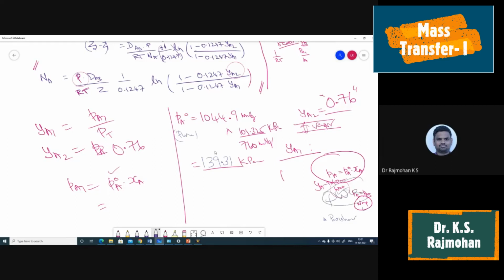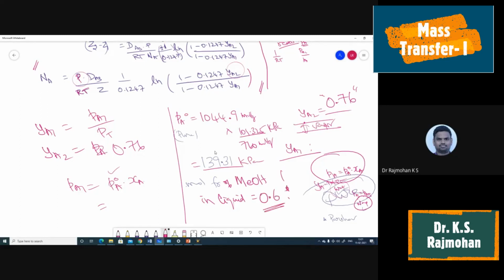But here the mole fraction of methanol in the liquid is mentioned. How much? 0.6. So that is the check.